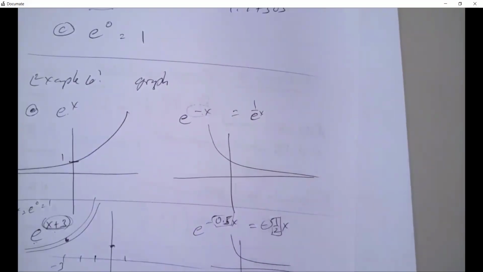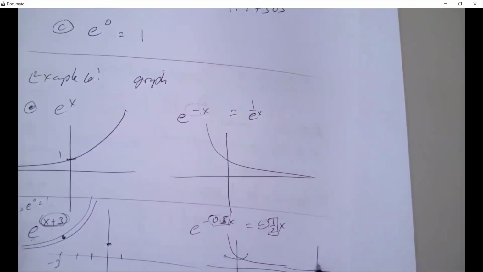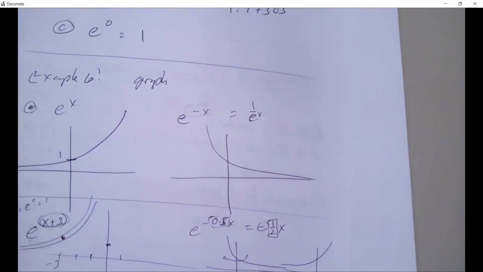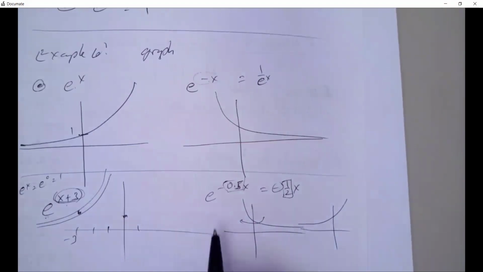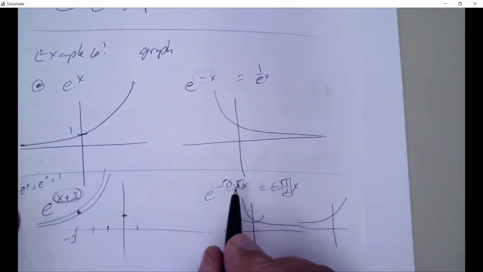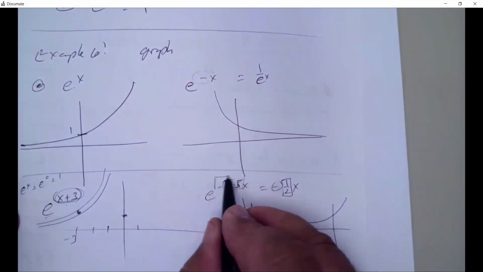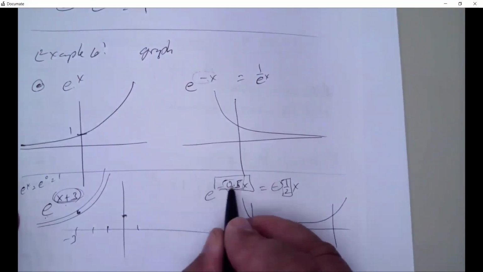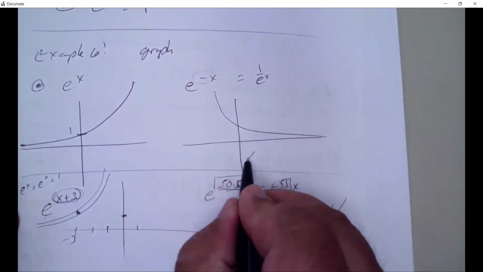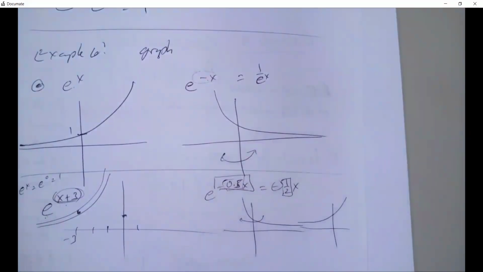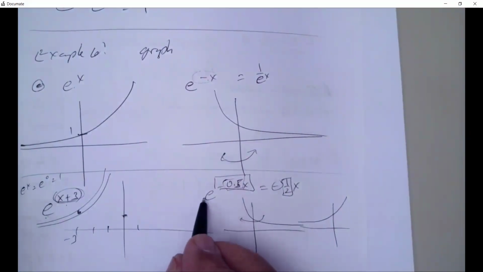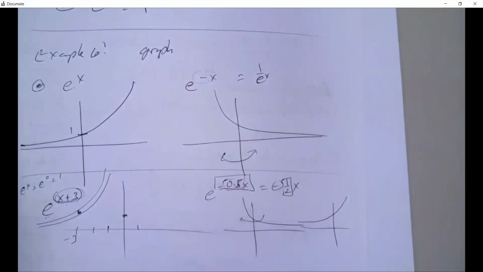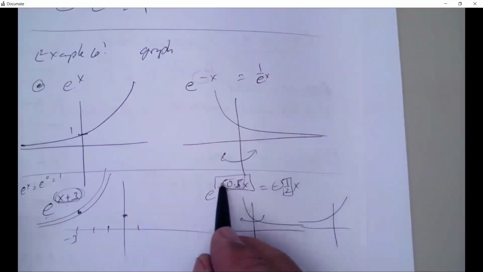And since it's negative, we flip it across the y-axis. Remember, go back to review your chapter 2 of transformations. If you're changing the value of x from positive to negative, it flips across the y-axis. If you change the function from positive to negative, it flips across the x-axis. So all this one does, simply because it's negative.